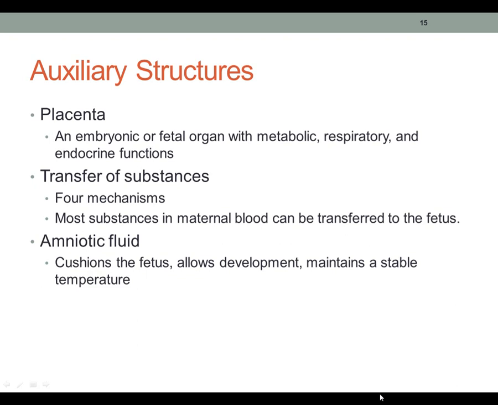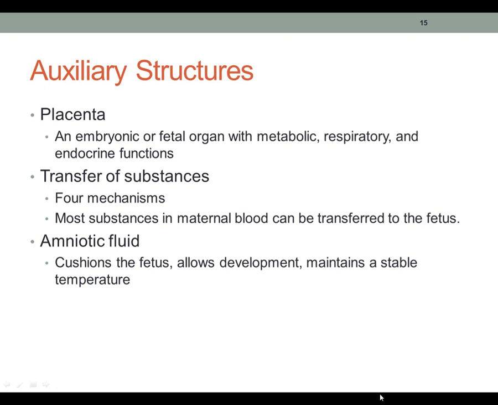It can be metabolic, it can transfer things between mom and fetus, and it also has some endocrine functions. So this transfer of substances, there's 4 mechanisms. We have gas exchange, because that's the way that baby gets oxygen. There's nutrient transfer. That's the way baby gets glucose and proteins in order for the cells to have energy.